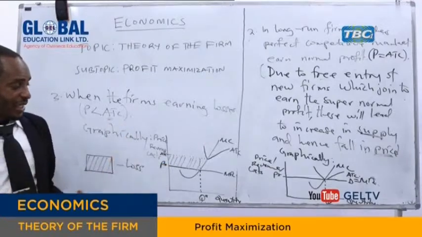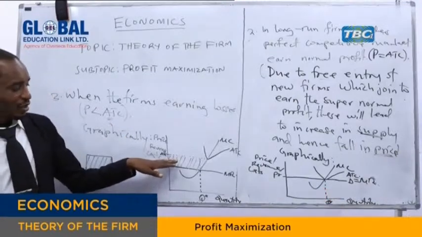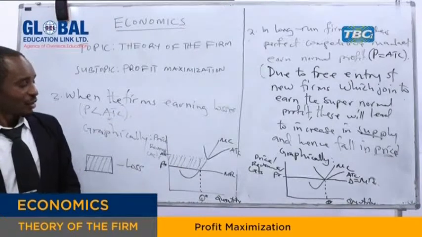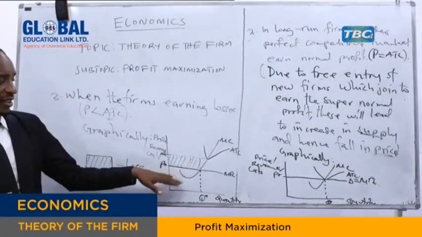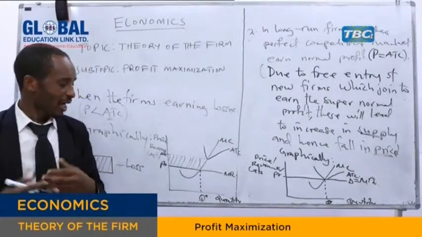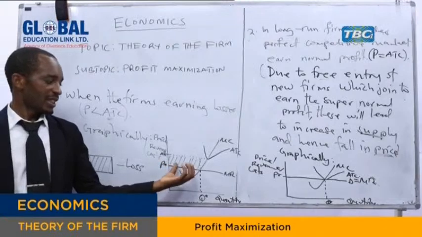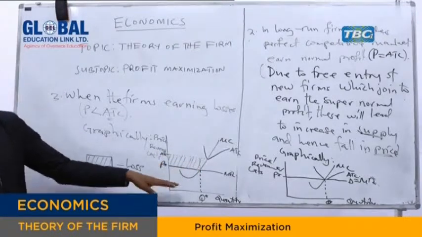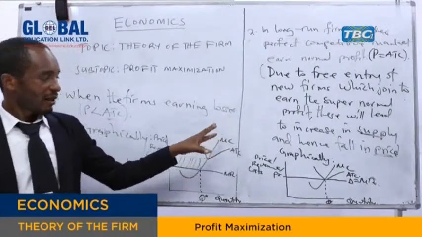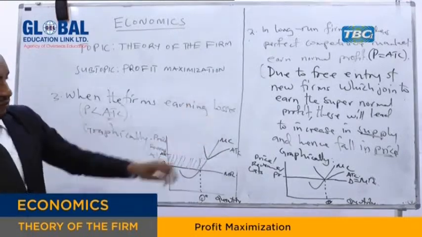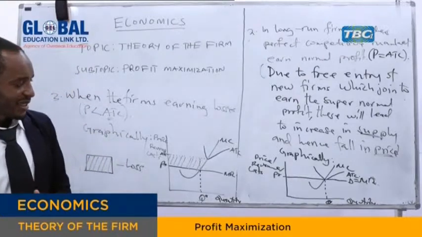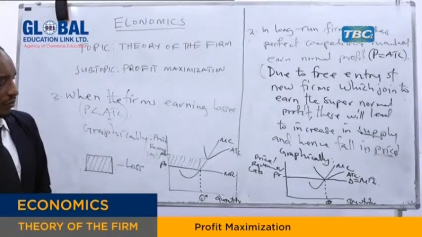Due to free exit, if you are making a loss, you need to leave this industry or market and start another activity or business instead of proceeding with this activity in which you incur losses. These three concepts of profit are very important in making decisions on what to do.